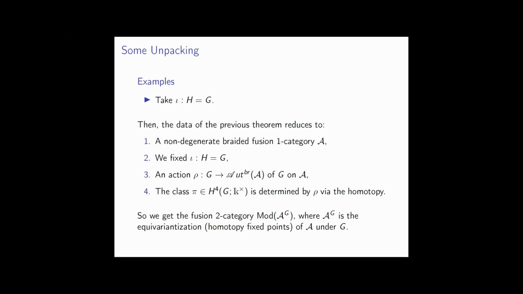The fusion 2-category that you reconstruct is this Mod of A^G, where A^G is the notation for the equivariantization of A under G, or if you come from a more homotopy theoretic background, it's the homotopy fixed points of A under the action of G. And what this tells us is that with H equals G, we just get all bosonic connected fusion 2-categories. So that's good. That's one of the classes that appeared before.